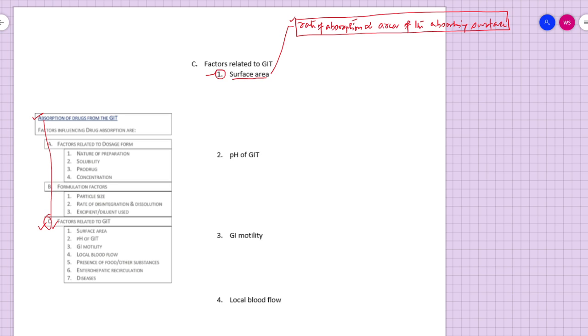So let's say a patient is administered a tablet. Okay, so what happens is this administered drug goes into the stomach, and then it goes into the small intestine.